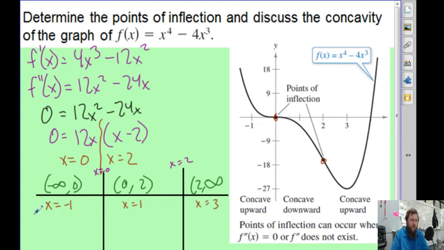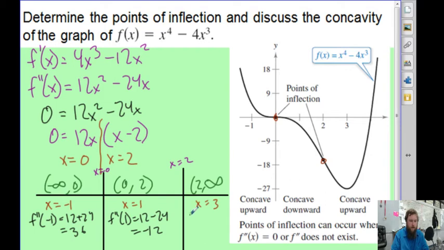So when you're testing the second derivative, f double prime of negative 1, if you're plugging that into this function, you get 12 times negative 1 squared, so 12, minus negative 24. So you get 12 plus 24, which is going to be 36. In the case where you plug in 1, you get 12 times 1 squared, so 12 minus 24. So f double prime of 1 equals 12 minus 24, which will be negative 12.